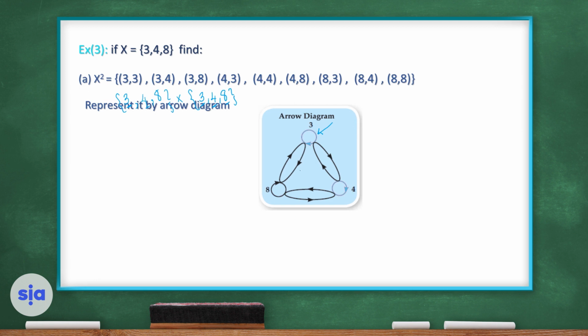And now 4 has a circle, so it's (4, 4), 4 going to the 3 is (4, 3), 4 going to the 8 is (4, 8). The 8 has this circle or ring. This means that it's (8, 8), (8, 3), and (8, 4). Take care, the arrows are very important.